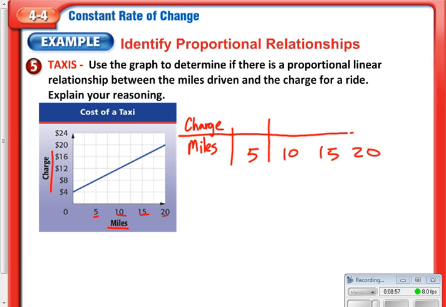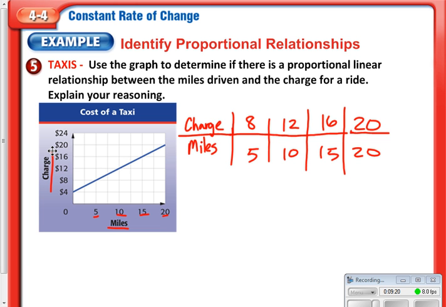At 5 miles, that charge is 8. At 10 miles, we get a charge of 12. At 15 miles, go up and hit that line, we get a charge of 16. And at 20 miles, we get a charge of 20. So this is what my table should look like.